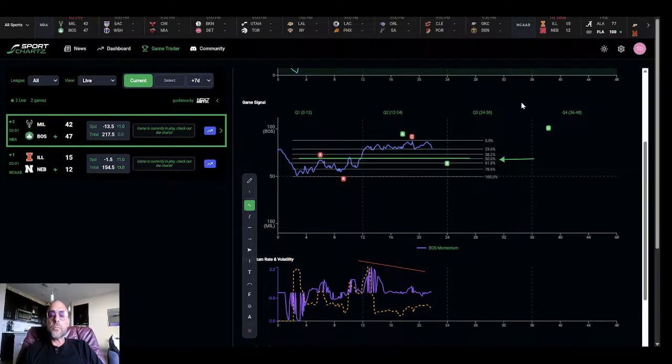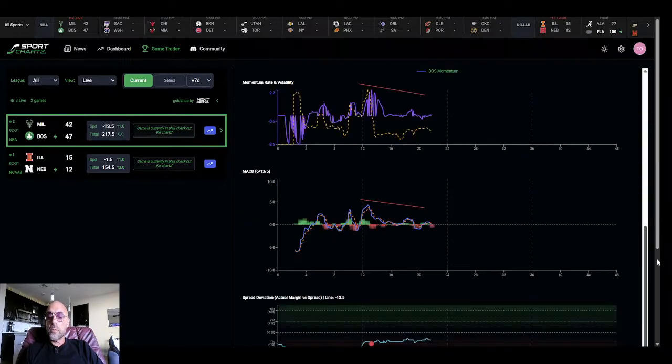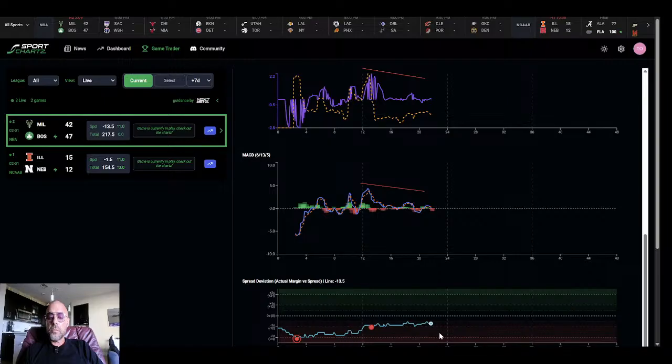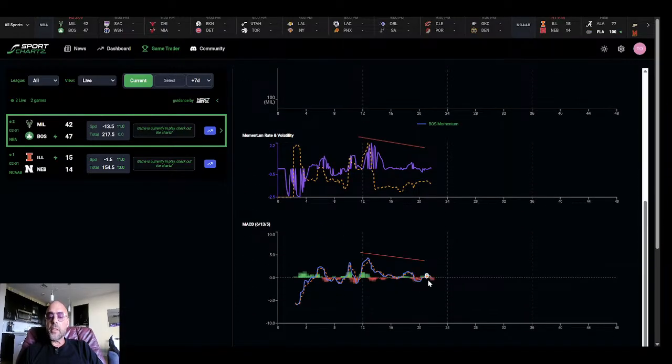So this is a really cool trade setup here. Boston is the favorite at home, up by 5. Kind of riding along this one standard deviation on the spread. MACD does look like, man, it's coming back down again, right?